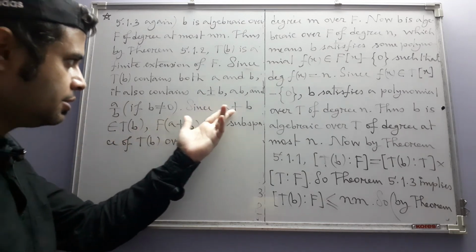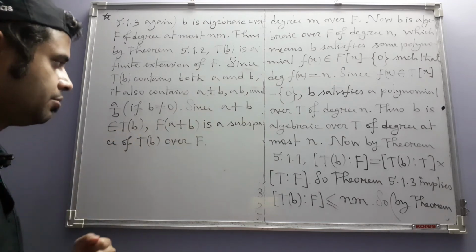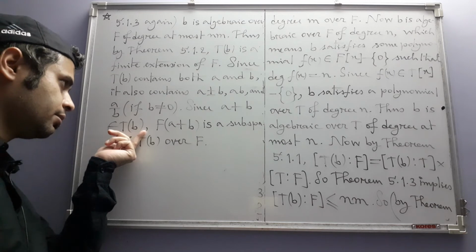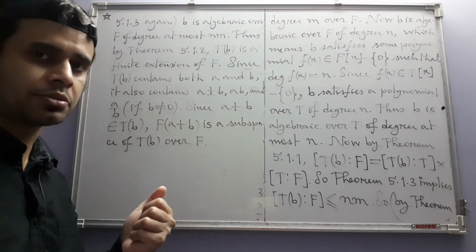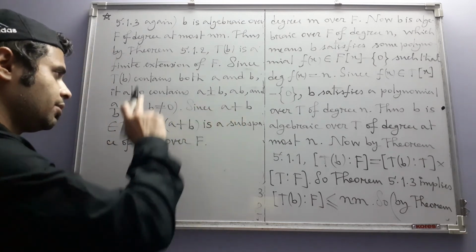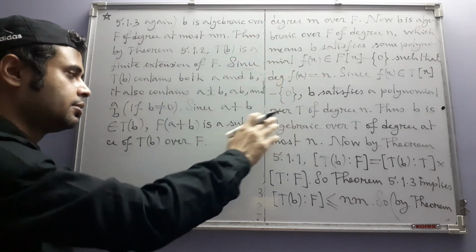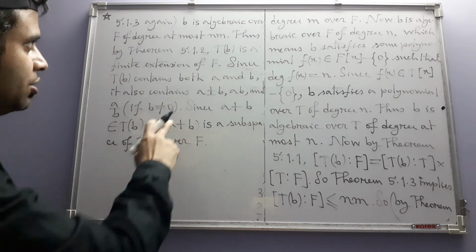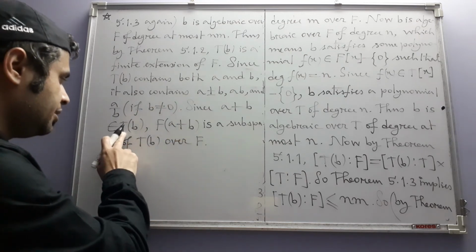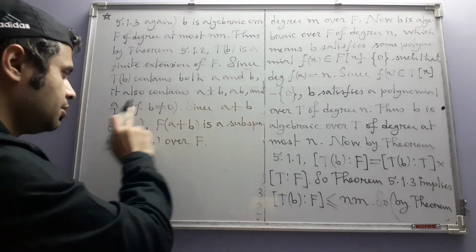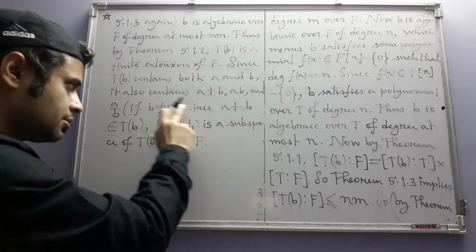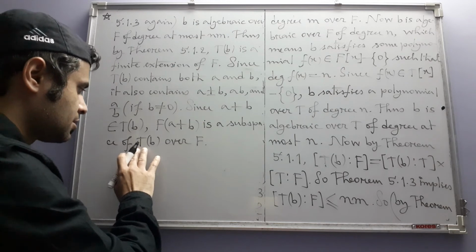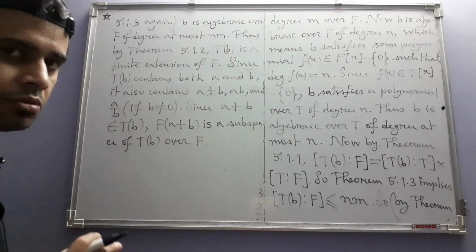Because A plus B is an element of TB, which is a subfield of that original field K. But we already know that TB contains F. So TB contains both A plus B and F. And as such, this becomes a subspace of TB over F.